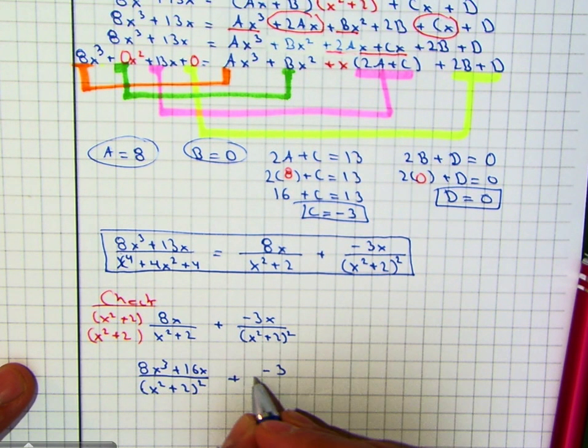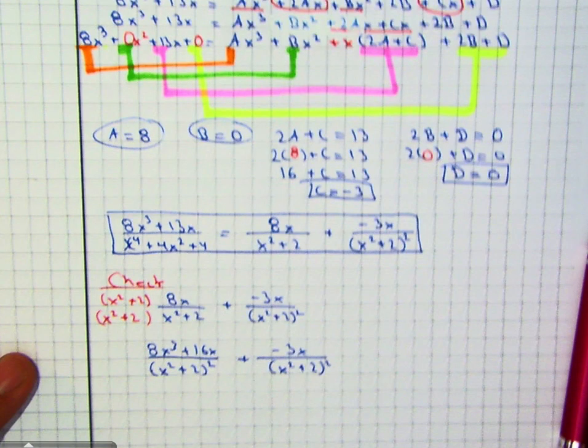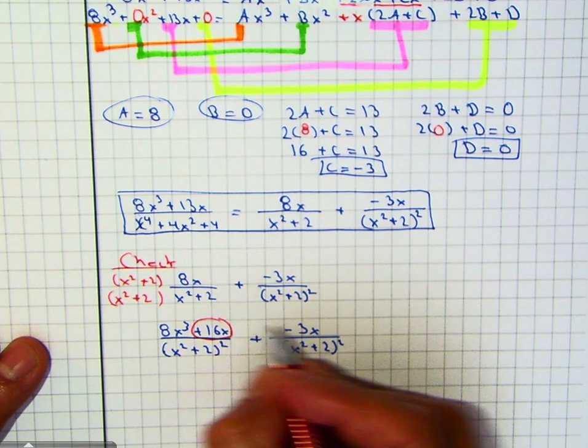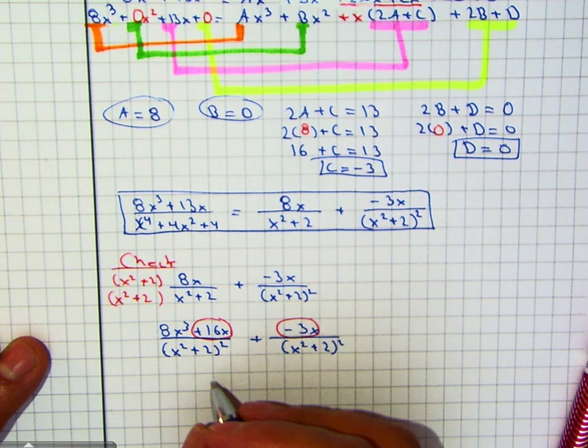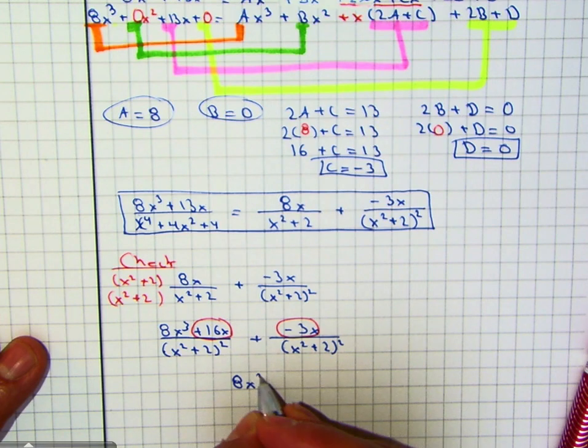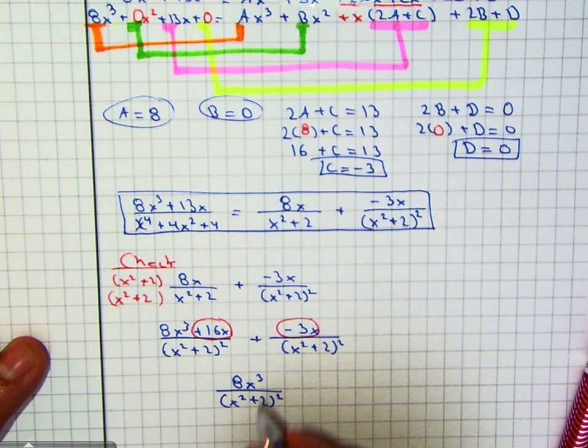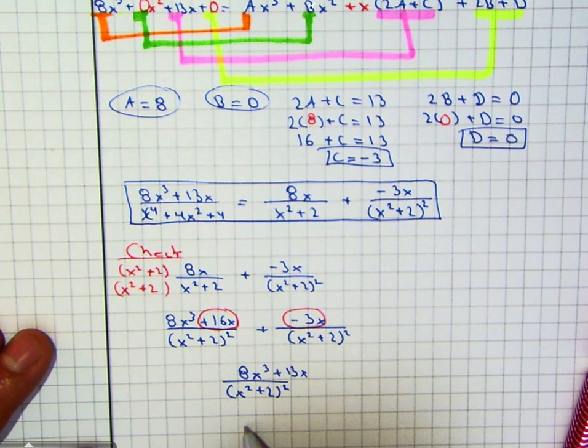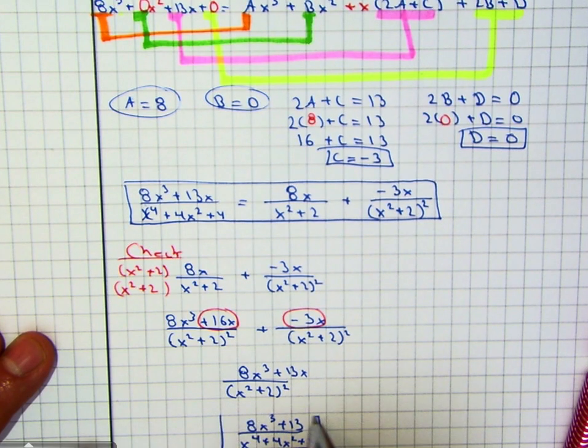This one stays the same. I'm not combining like terms, so the only things I can combine are those two expressions. And plus 13x. Let me just multiply this out, and we already know that's x to the 4 plus 4x squared plus 4, and we are done. We have the correct answer.